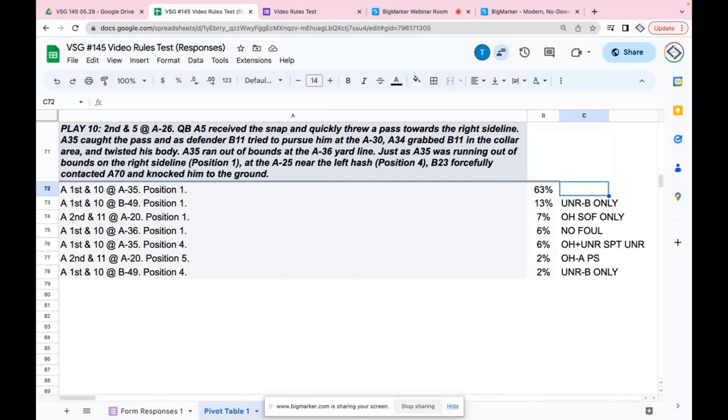So we went OH, A, spot of foul, UNR, B, succeeding spot. That gets us to the hash closest to the camera. We went back from the 30 to the 20, and then from the 20 to the 35, automatic first down at position 1. That's obviously the correct answer.